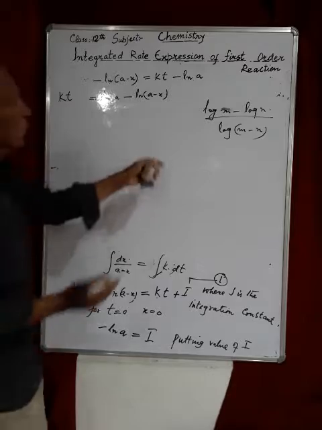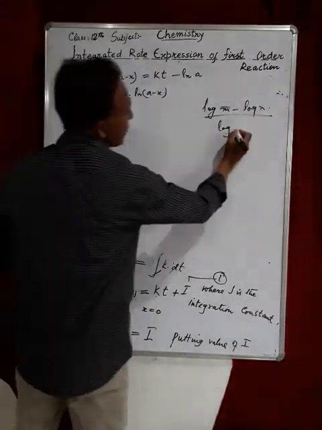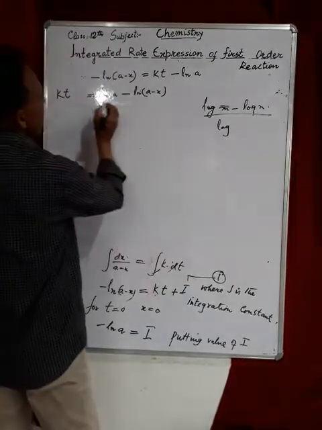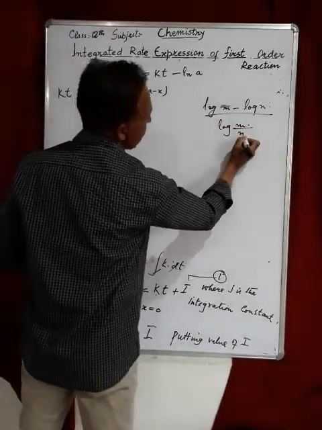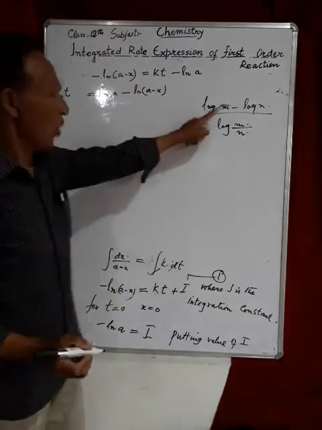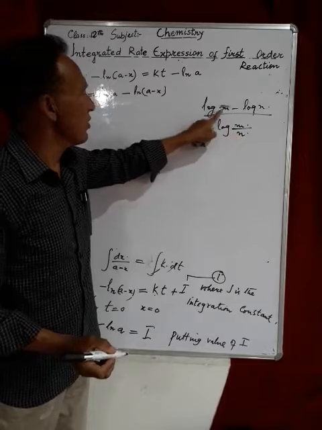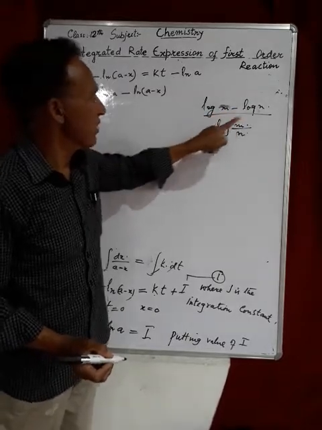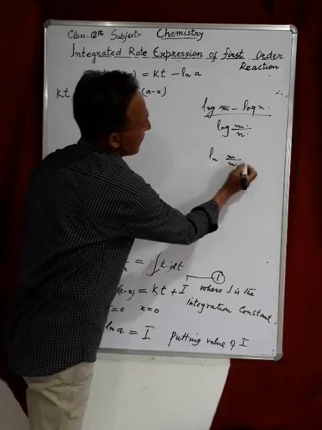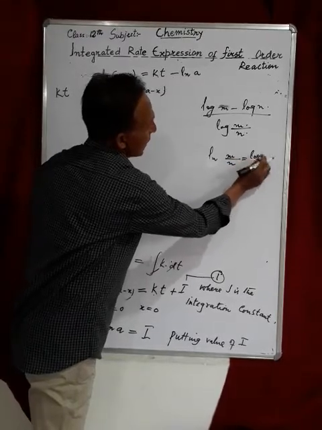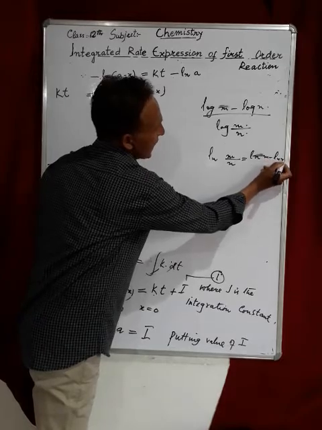Similarly, log m minus log n, log m by n is equal to log m minus log n. Similarly, if we have log natural m divided by n, that is equal to log natural m minus log natural n.